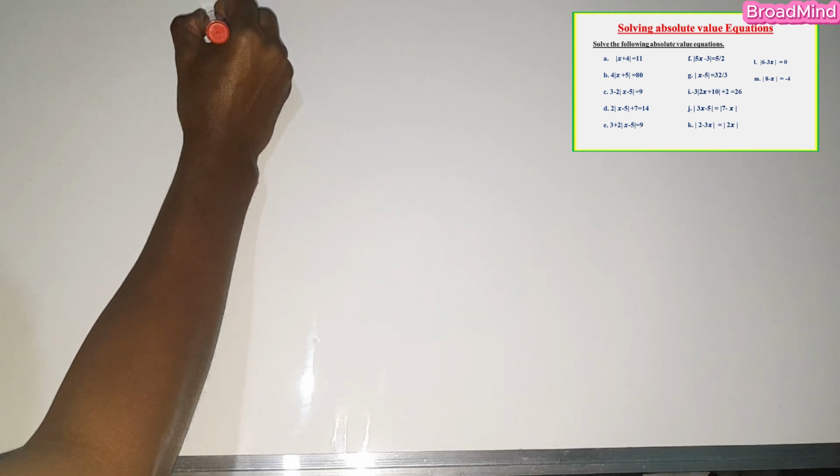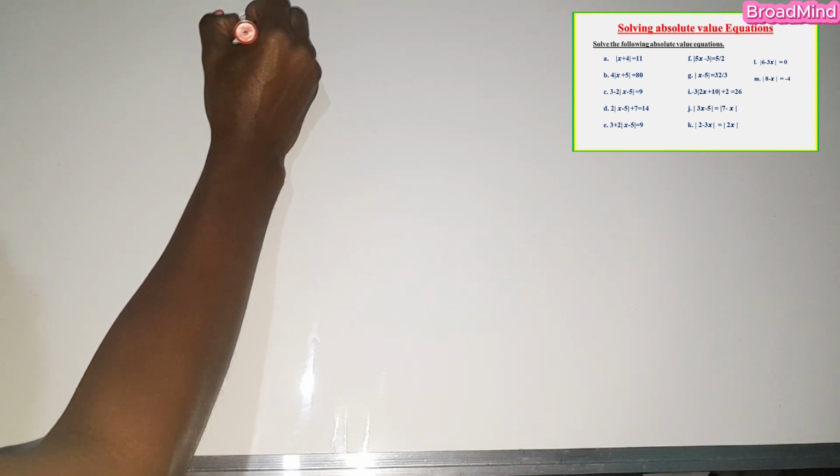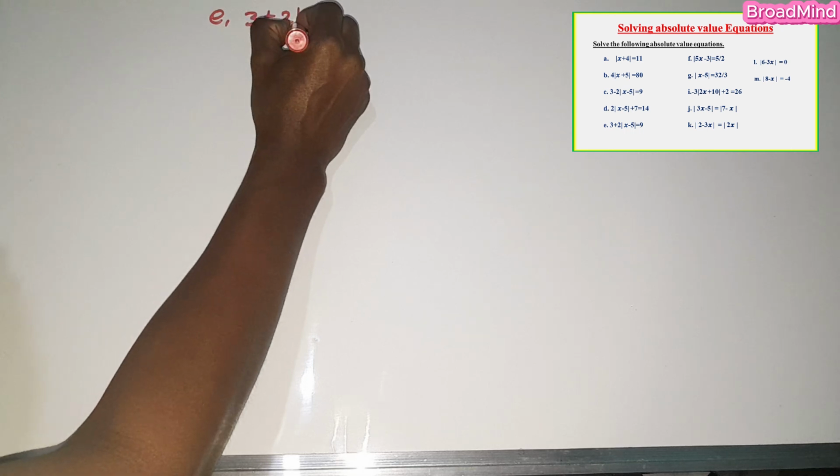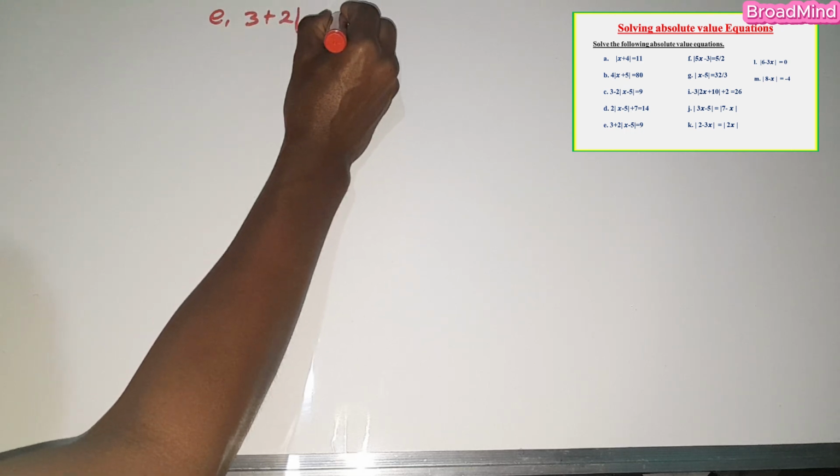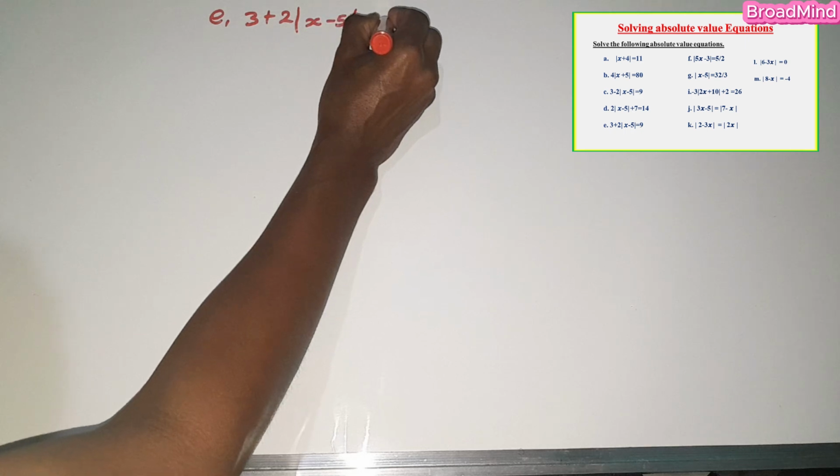Okay, E. 3 plus 2 absolute value of x minus 5 is equal to 9.